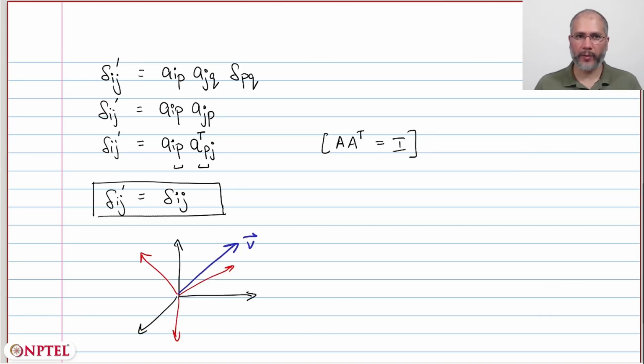So we have a vector v, let's say, and you rotate the coordinate system to get OX1', X2', and X3', and the base was OX1, X2, and X3.